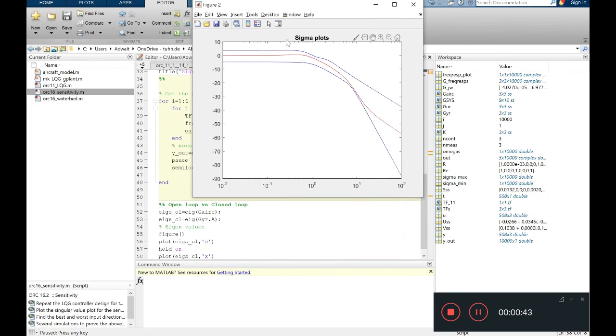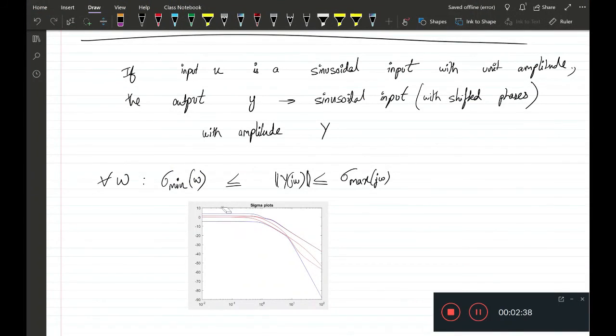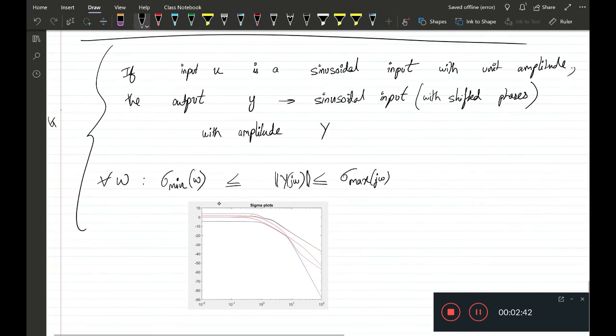You can see that that is clearly contained inside the sigma max and the sigma min plots. Now for the second canonical direction, we get the other red curve, and finally for the third one. So one thing I should note here is that this is true for G square, or in other words, if we have the same number of inputs as outputs, which is the case for our closed loop system.